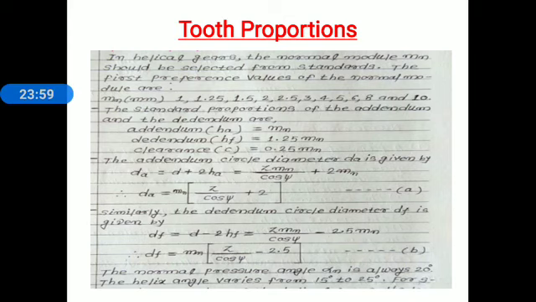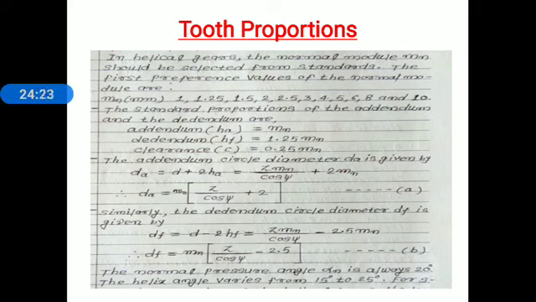Tooth proportion in a helical gear: the normal module, we know the symbol for normal module, small m suffix small n, is the letter usually used to denote the normal module in case of a helical gear, and the value of this normal module should be selected from the standard values. That standard value is available in a design data book.